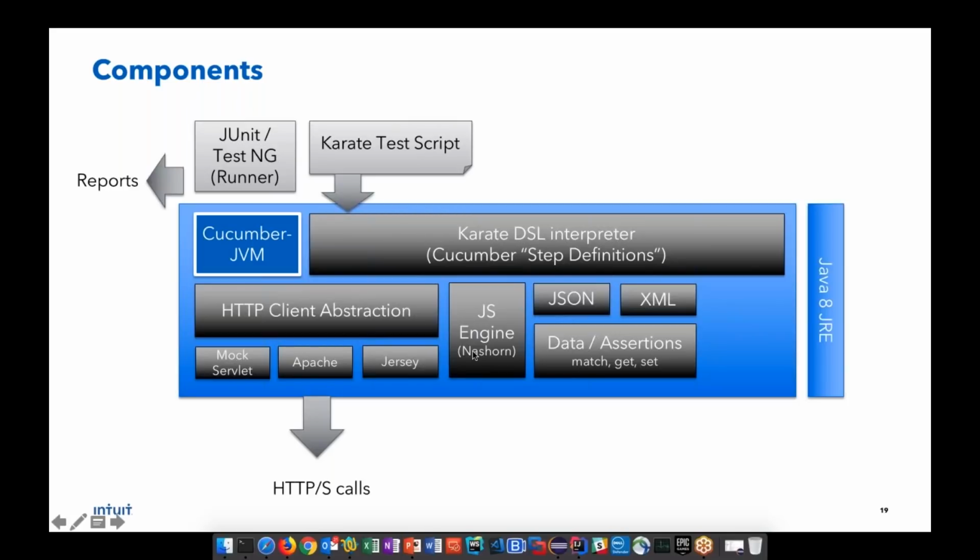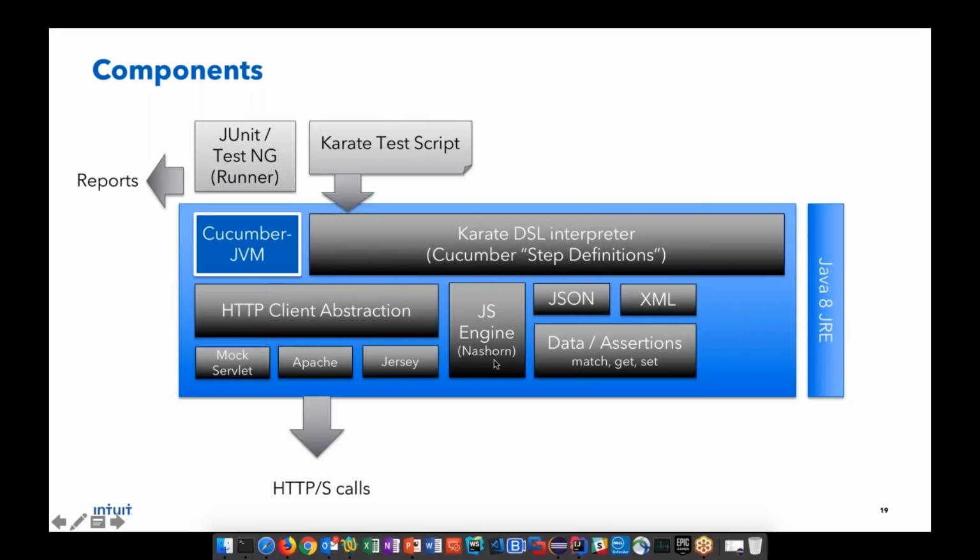And I've talked about a lot of the pieces, and I think a lot of you would have already picked up on the fact that Karate is doing a fair amount of JavaScript evaluation. The answer to that question as to how it is able to do that is that piece in the middle, which is called Nashorn. It's something that honestly blew my mind when I realized it was there.